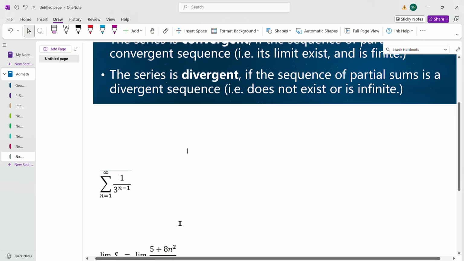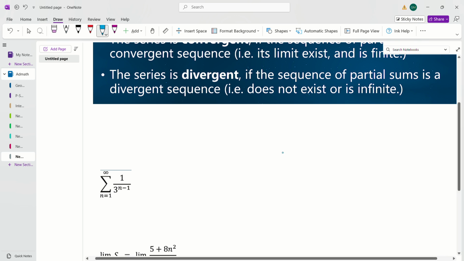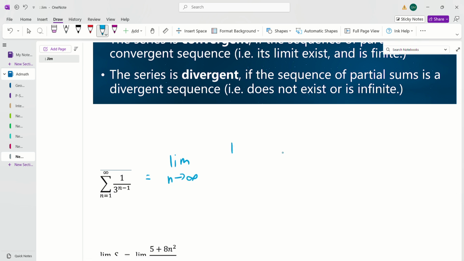So we need to evaluate this. This is the summation of 1 over 3 raised to n minus 1 from n equals 1 up to infinity. So it is similar to the limit as n approaches infinity of 1 over 3 raised to n minus 1.